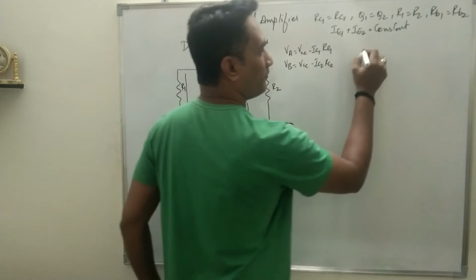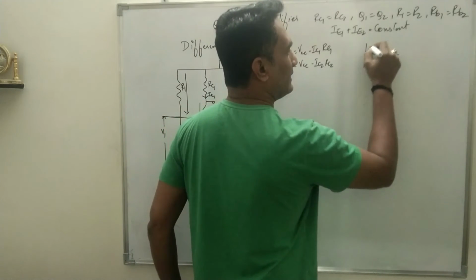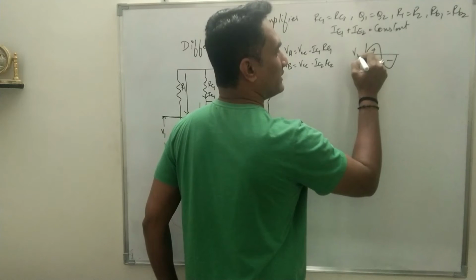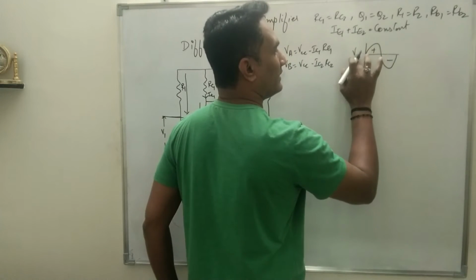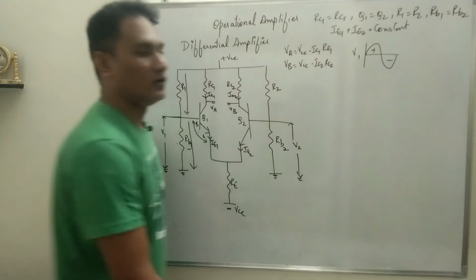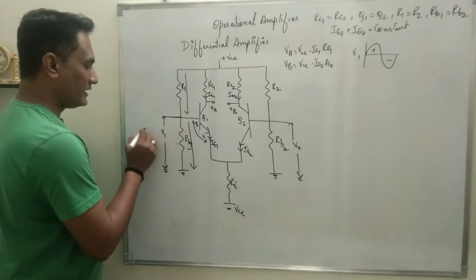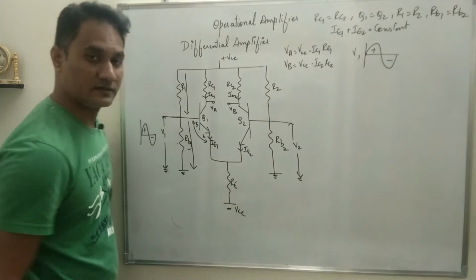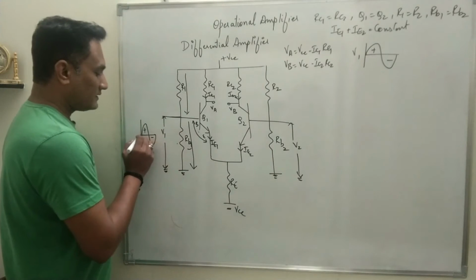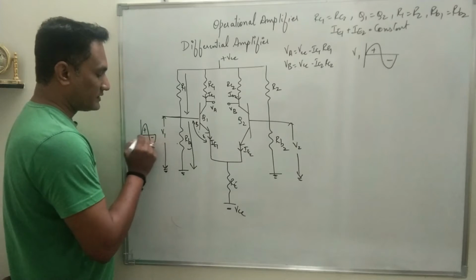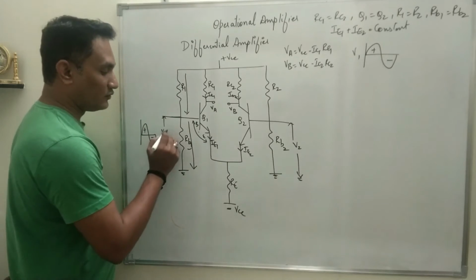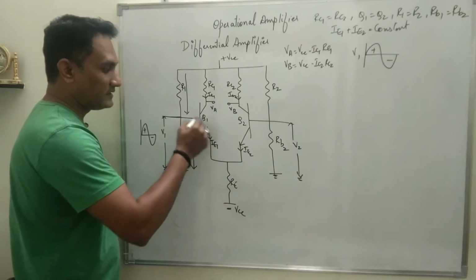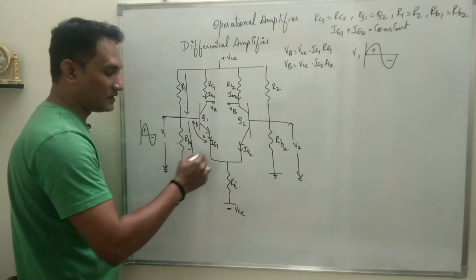Let's say the input is applied, this is the positive half cycle, this is the negative half cycle, at V1. That means the voltage is applied across here, plus minus. Now as a sinusoidal input signal is applied to V1, of course it will affect the biasing of transistor Q1.